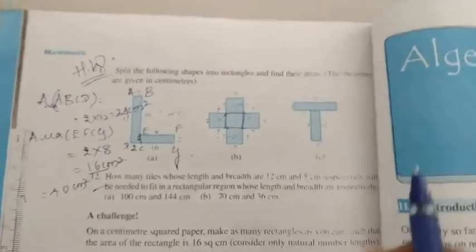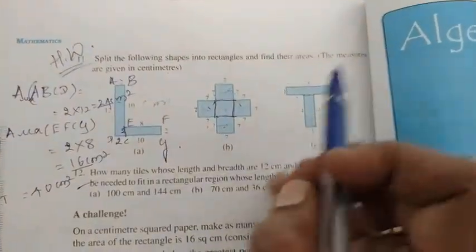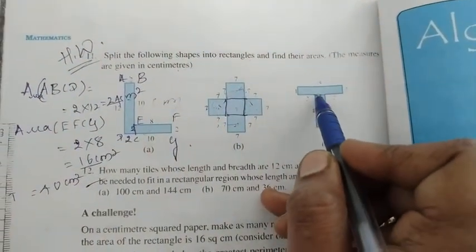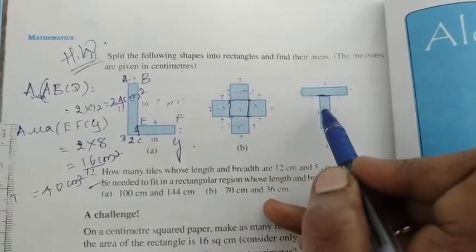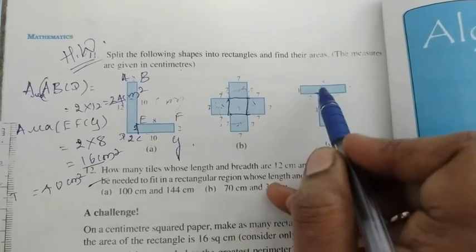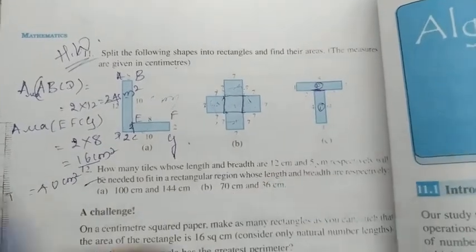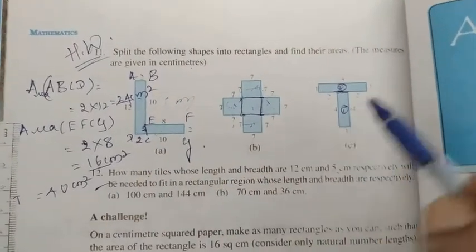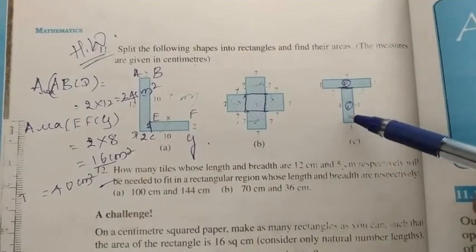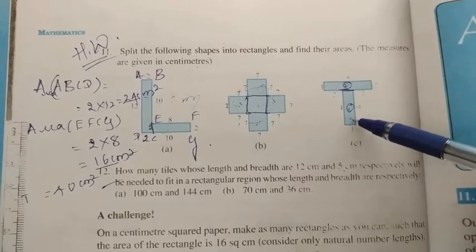Understand? Okay, the next one, see here children, draw one line here to separate one rectangle and a second one, so two rectangles form. First you have to find the area of this figure.